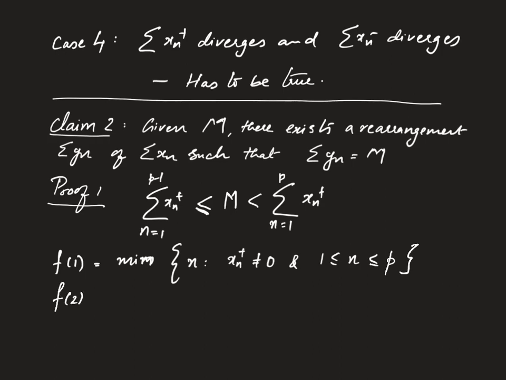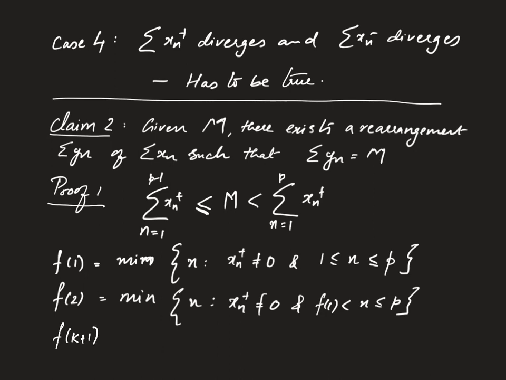Similarly, f of 2 is equal to the minimum of all n such that xn plus is not equal to 0 and f of 1 is strictly less than n, which is less than or equal to p. Now, if you are given f of k, we can define the general f of k plus 1 as follows. It is the minimum of all n such that xn plus is not equal to 0 and f of k is less than n, which is less than or equal to p.